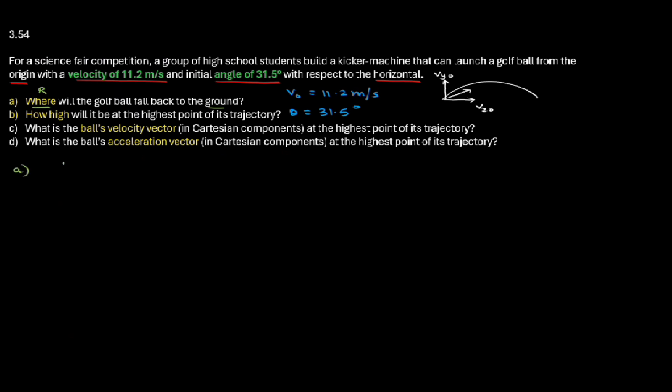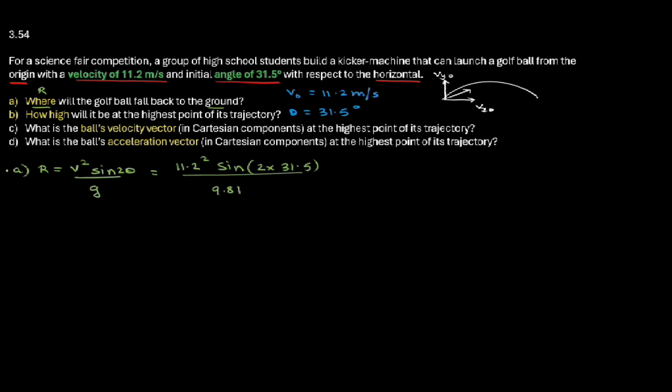In part A, we find the range R as v squared sine 2 theta over g. That is equal to 11.2 squared times sine of 2 times 31.5, divided by g, which is 9.81.